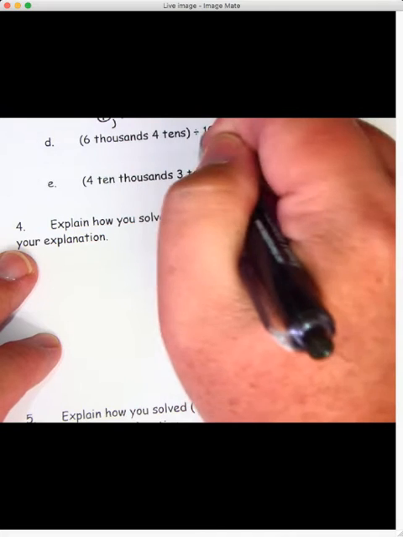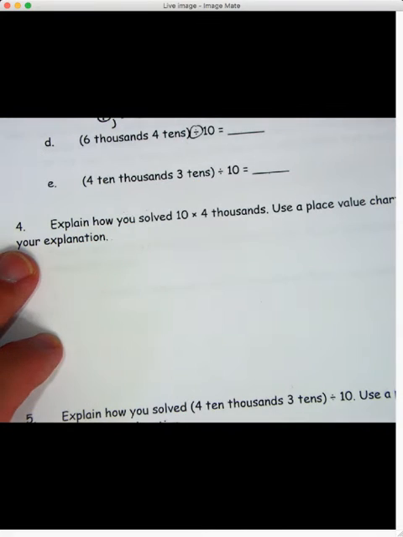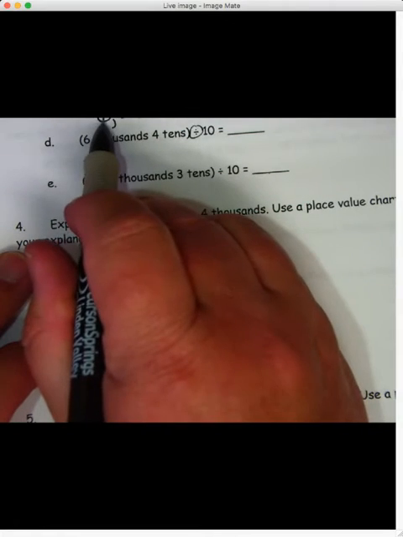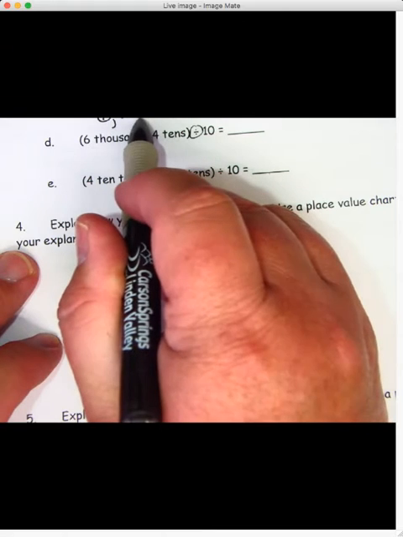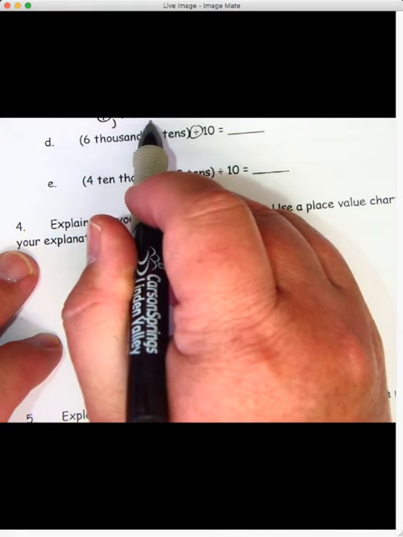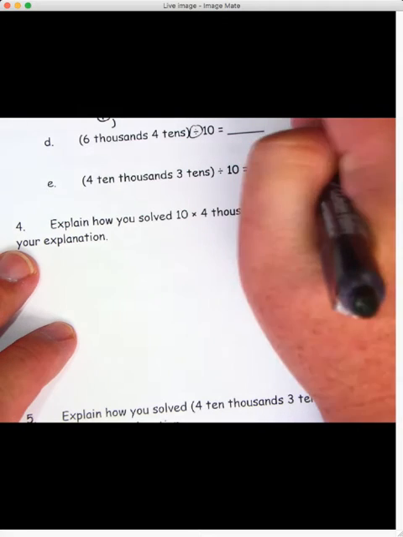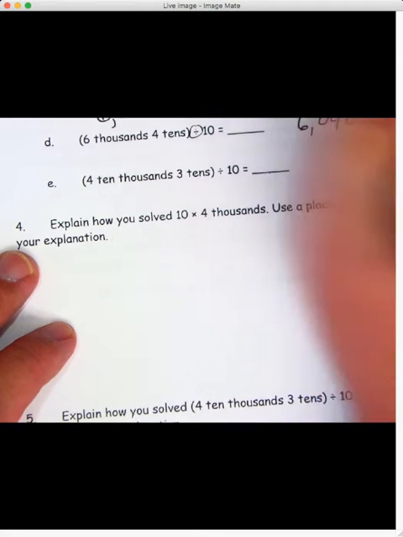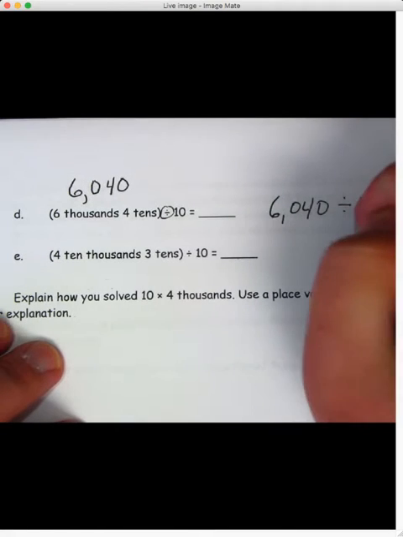But notice this time we are dividing by 10. On the place value chart, we'd be moving to the right. This 6,000 becomes what? It becomes 600, and this 4 tens becomes 4 ones. And when we think about that, let's look at this. 6040 divided by 10.